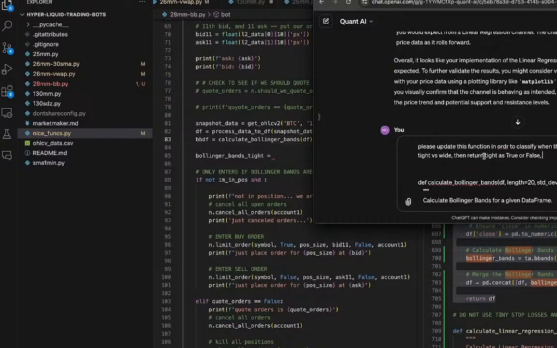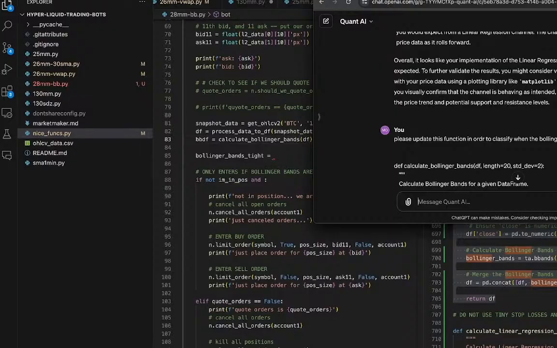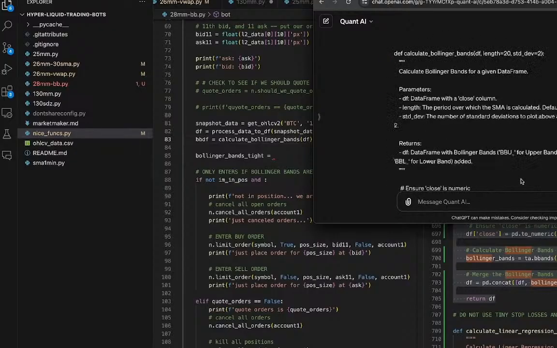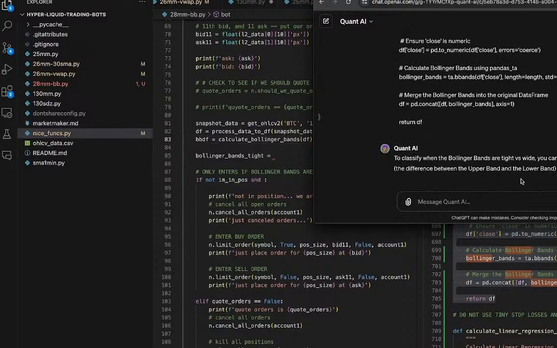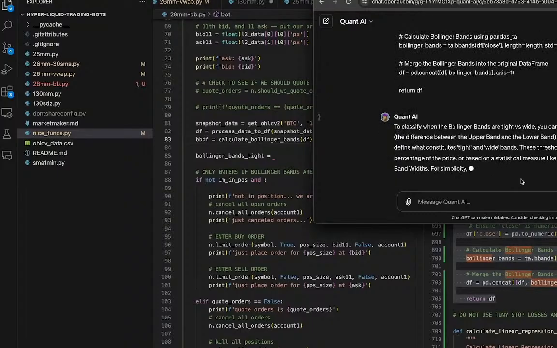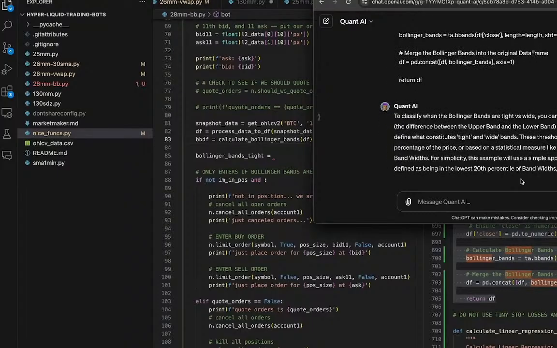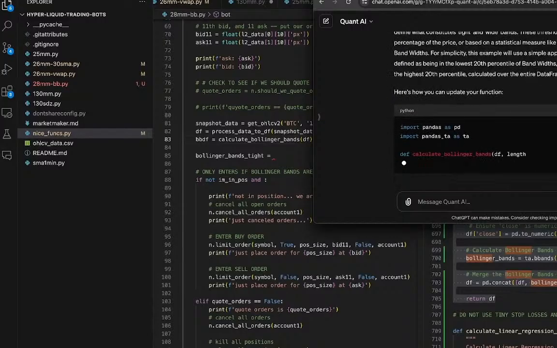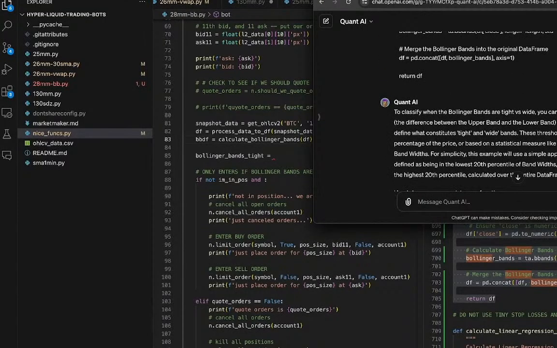Return df, tight as true or false, and wide as true or false. So now we're gonna have it return multiple things instead of just one thing. Now we're gonna have it return three things, three different ones to classify the Bollinger Bands, wide or tight.